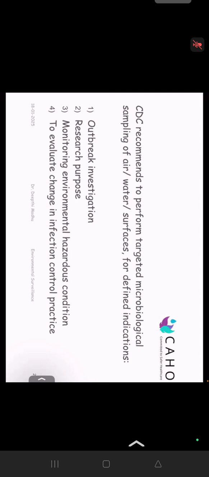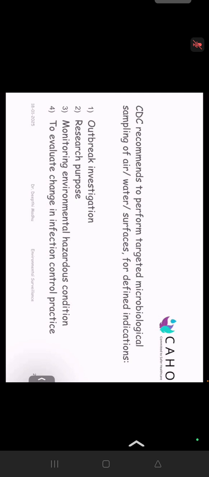But again, the periodicity would depend on the unit, the type of service which is being provided in the unit, and the interpretation should be done by a laboratory which is certified in reporting that. See, most hospitals would have a microbiology laboratory. It would make sense to take a sample from the water source and send it to the in-house microbiology laboratory, because you have a laboratory there, they are functioning every day, and their microbiologist knows what is being looked for.